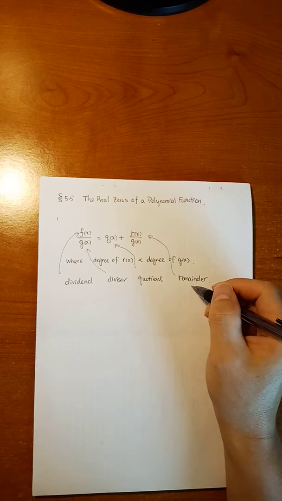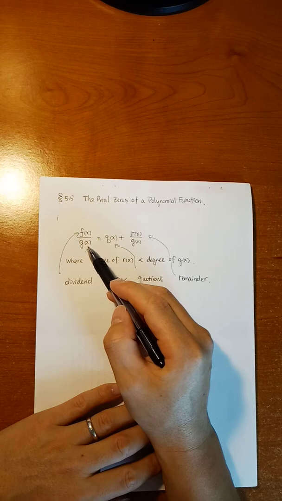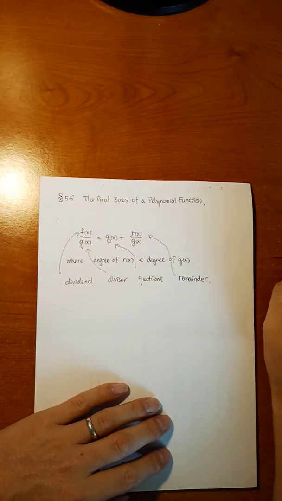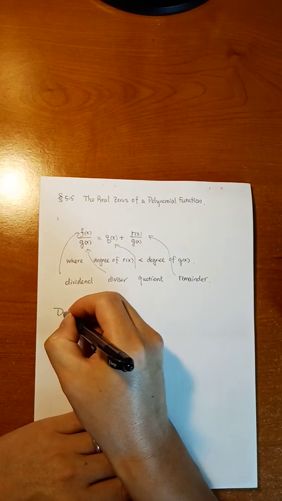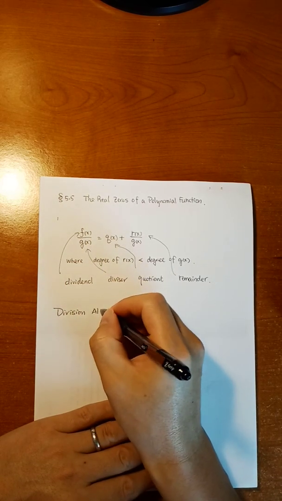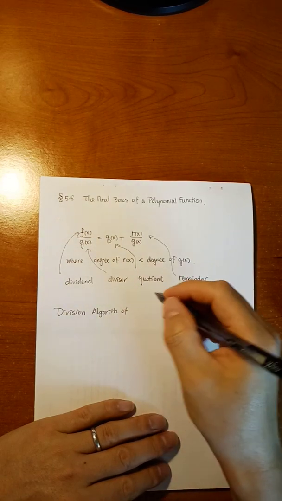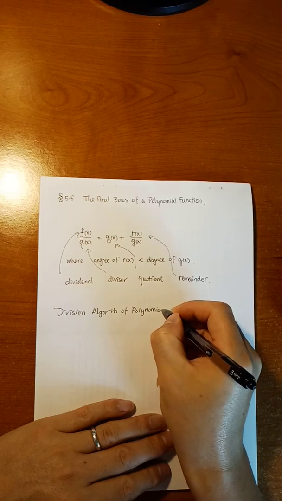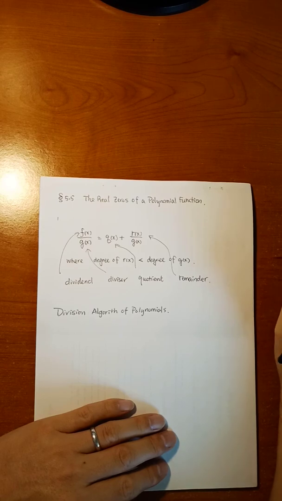So whenever you have a long division, you always have those dividend, divisor, quotient, remainder, and you write them this way. This is called the division algorithm of polynomials.